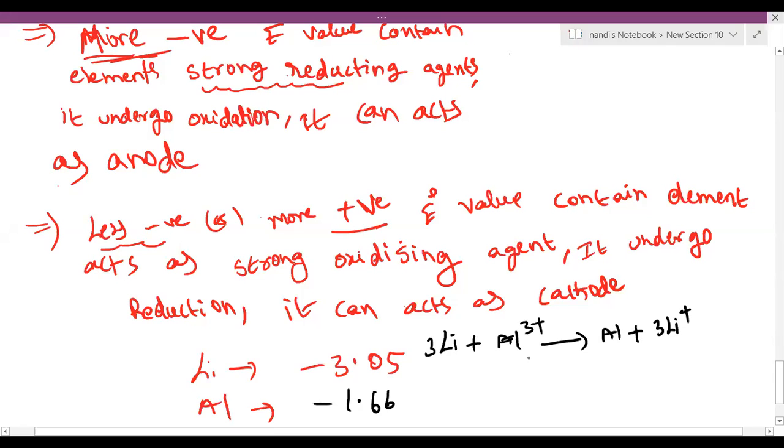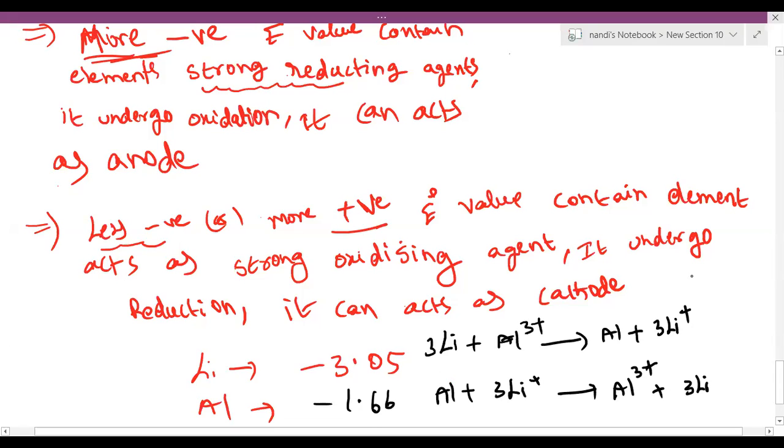We can solve electrochemistry previous JEE questions right now, 12th standard electrochemistry questions, if you understood this concept. Or aluminum plus 3 Li plus, aluminum 3 plus, 3 Li. Which reaction is possible, sir? Feasible or possible? You can take similar words.